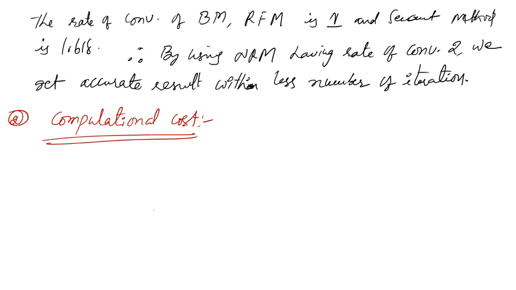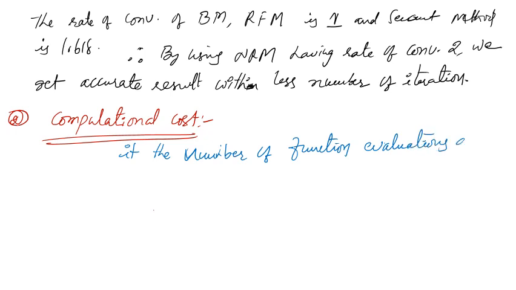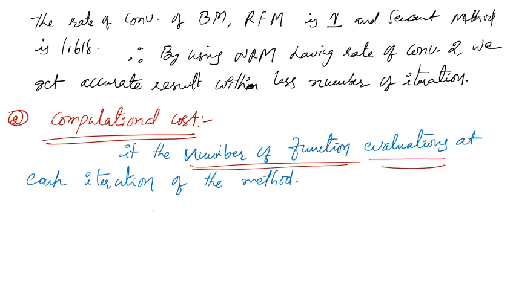Computational cost means it is the number of function evaluations at each iteration of the method. Let me explain this. Number of function evaluations is called computational cost of the method.